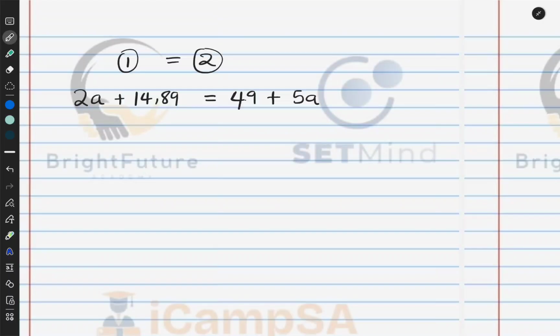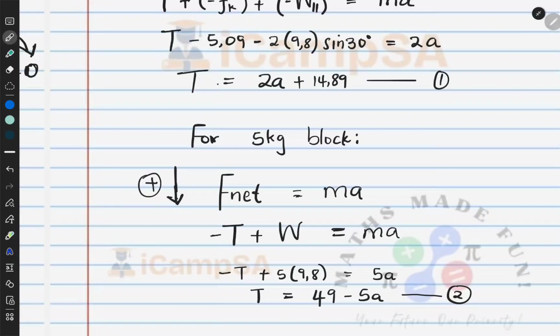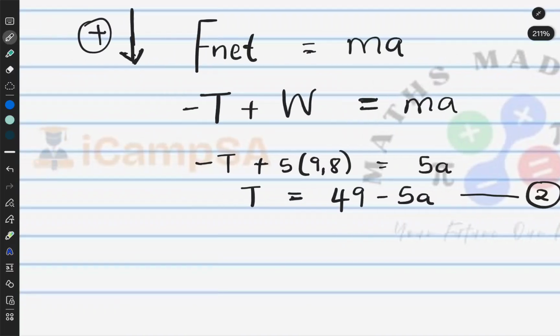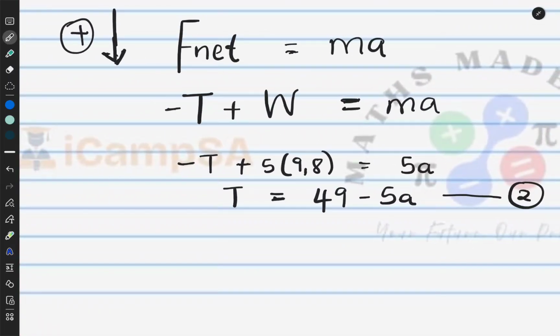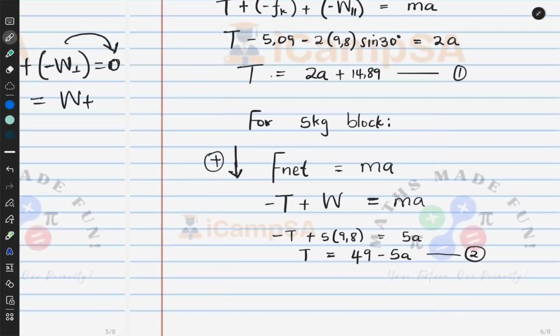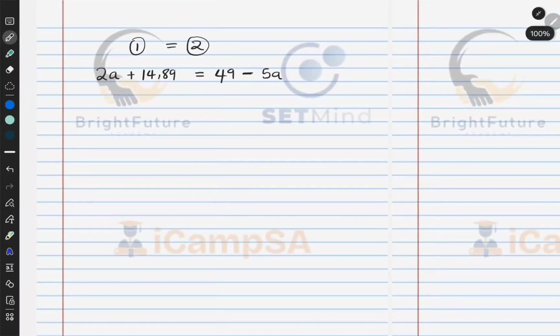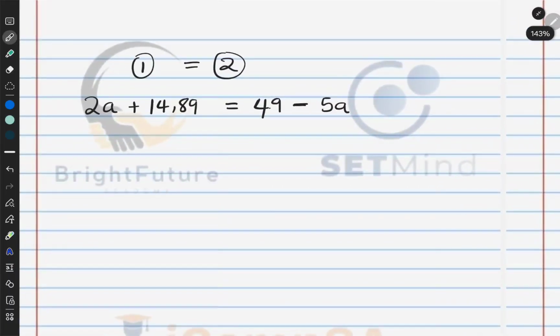I think we forgot a sign here. Yes, we did forget a sign. This is negative. Now we just manipulate the equation such that the a's are on one side and the other numbers are on the other side.